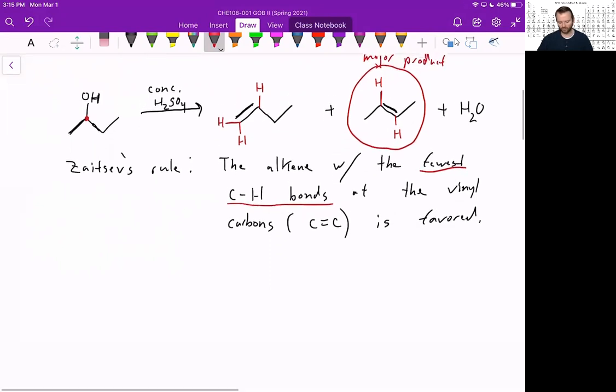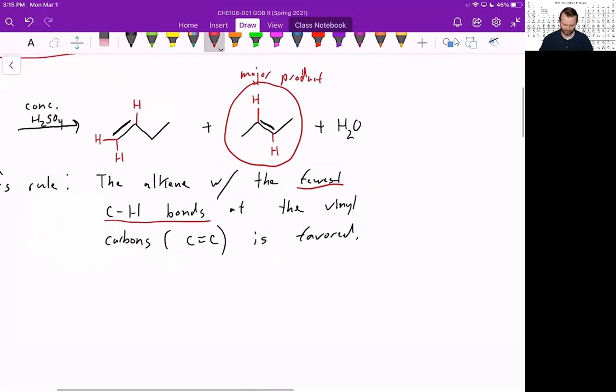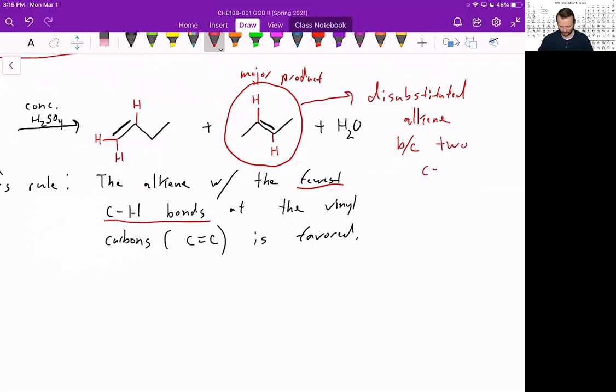The language that's used: this is called a disubstituted alkene, because there are two carbon-hydrogen bonds.